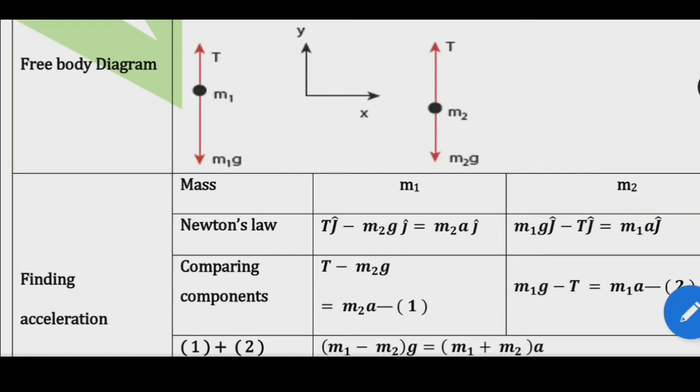So the mass M1 moves downward, so minus j cap. Its acceleration is along the minus j cap direction.